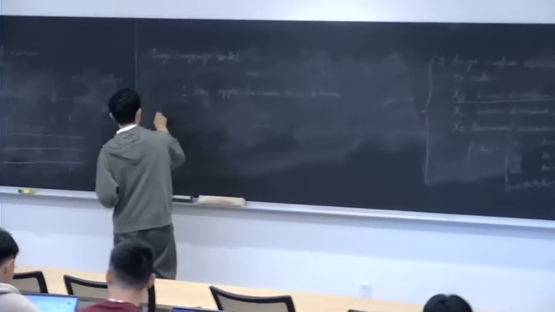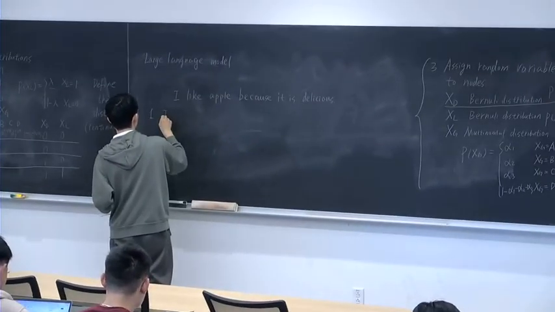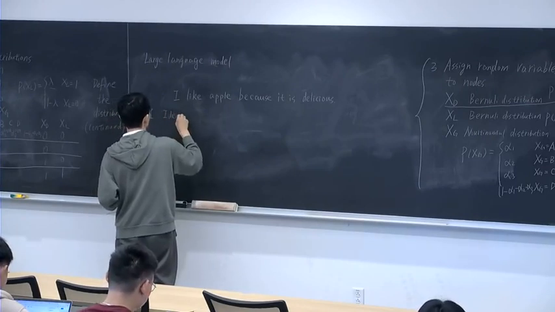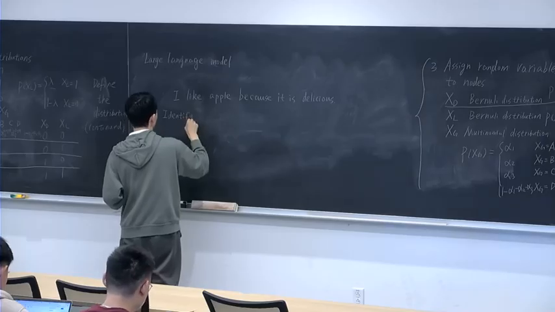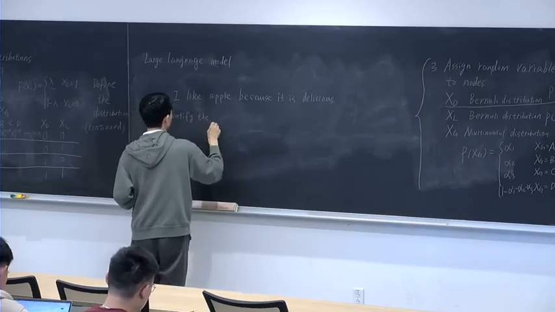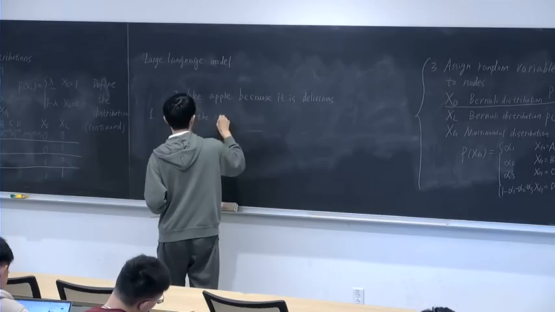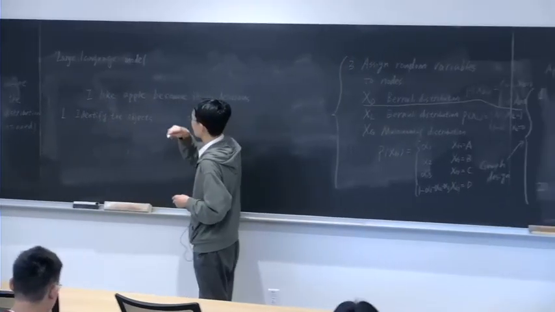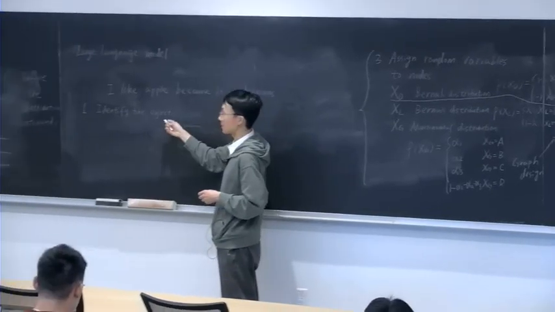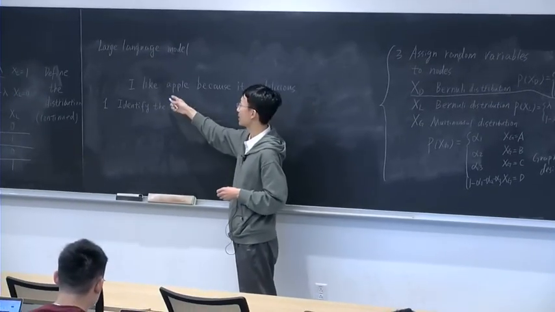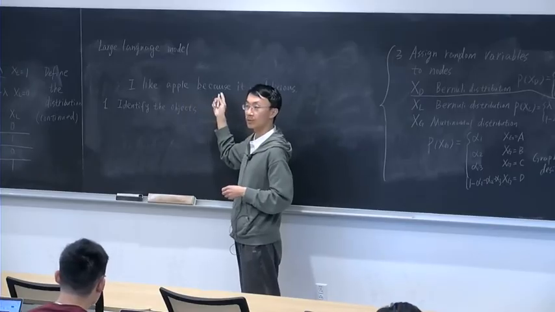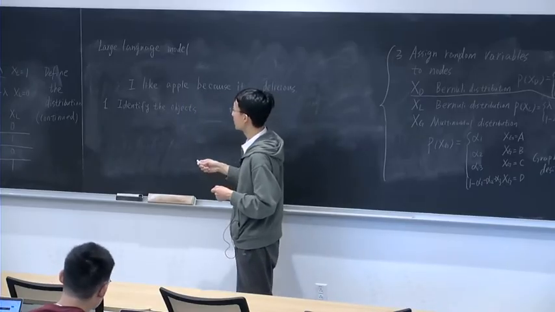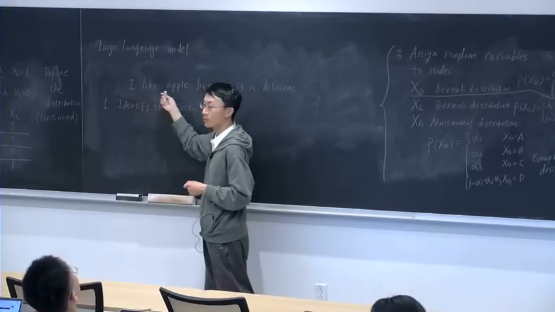In the first step, we need to identify the key objects. In the language model case, the objects are simple and straightforward. They are basically these individual words in the sentence. We are modeling a sentence, and the sentence is a sequence of words.